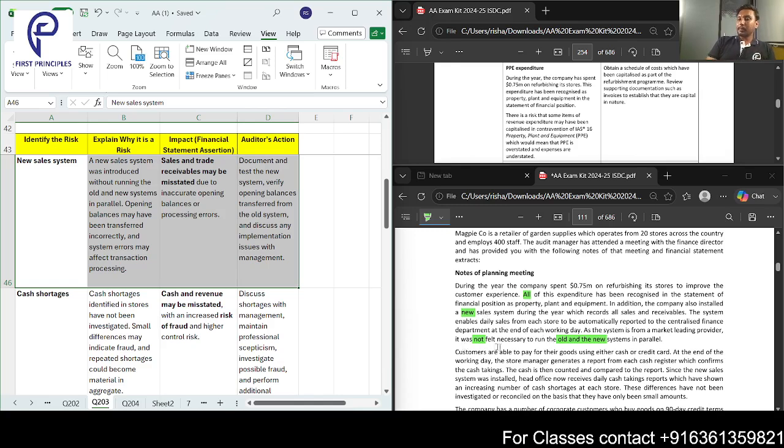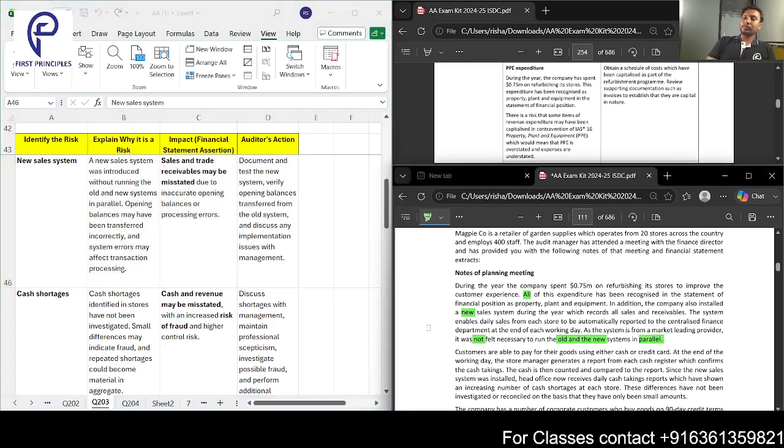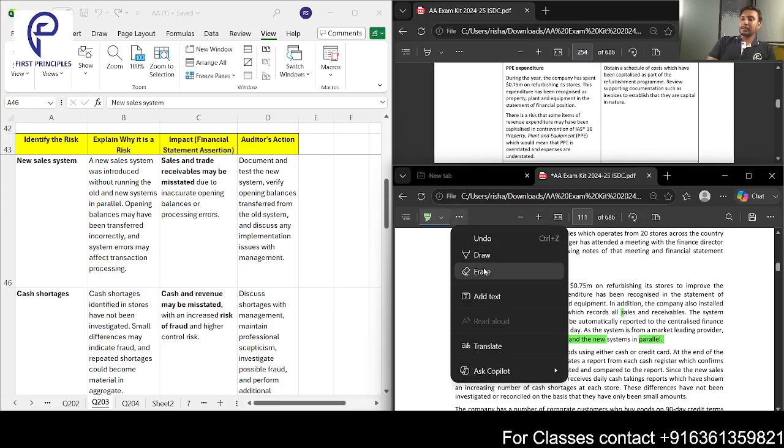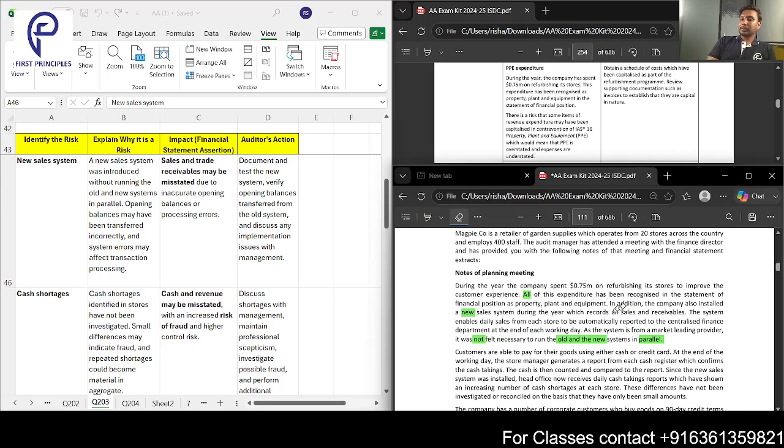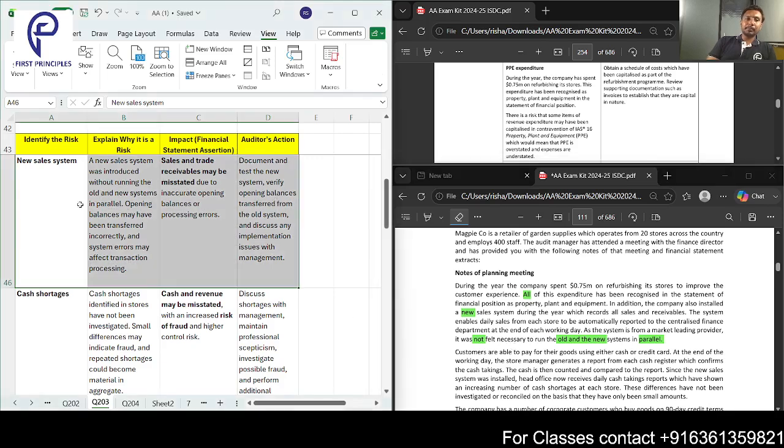But the real problem is when you are not running both parallelly initially. For some time you have to run both parallelly. This system is for sales and receivables, and you have to ensure that you run both of them parallelly.